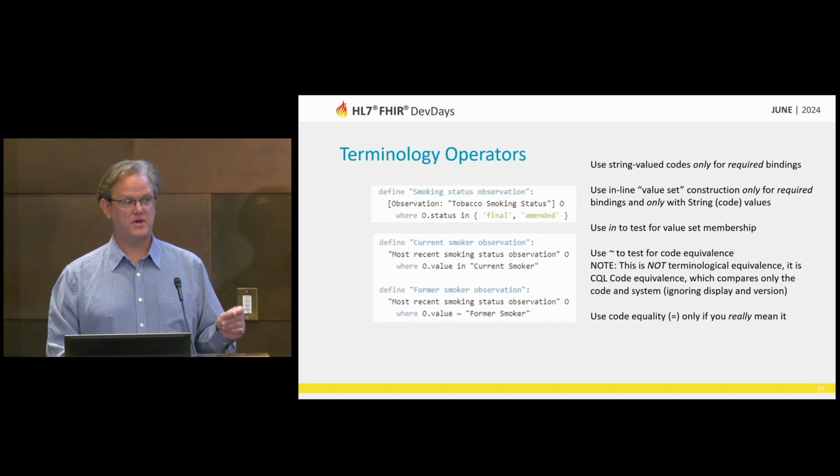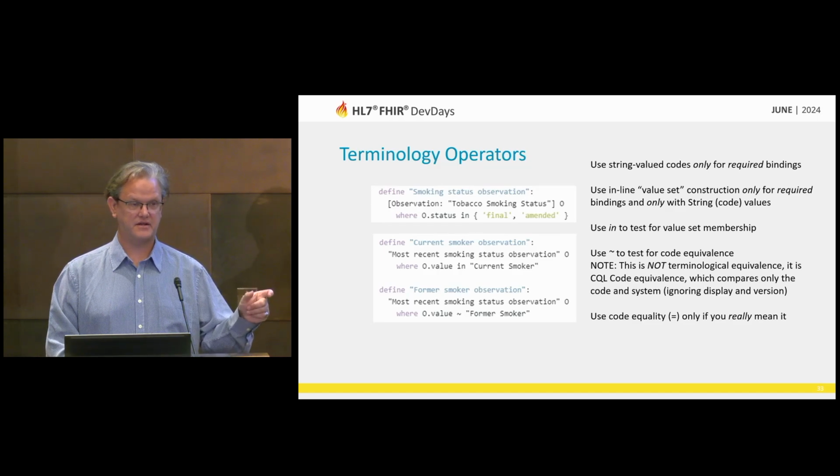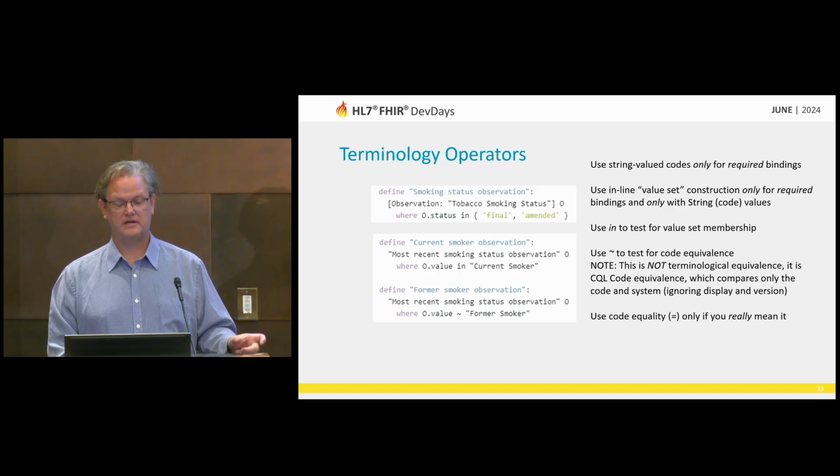This isn't the same as a list in, because what's happening is we're actually asking if that code is in the value set. If it's a CodeableConcept, then any coding that's in that value set will return true. If it's just a code, then it will be a code in that value set.